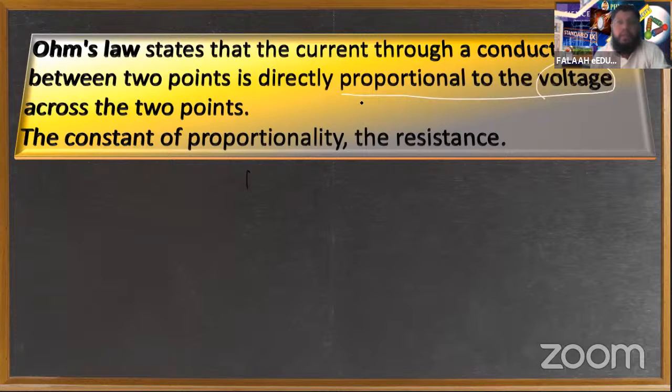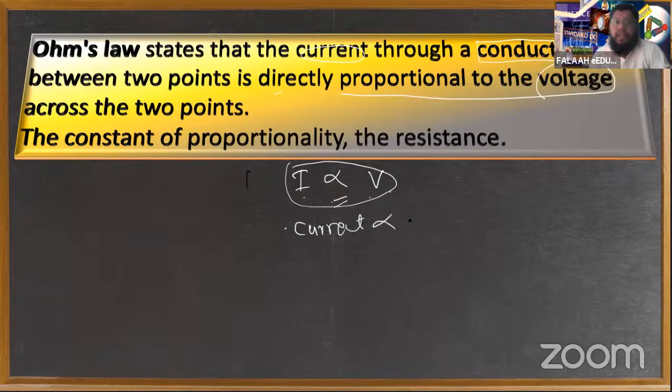We denote current by I, and I is directly proportional to V. Ohm's law states that the current through a conductor, when current flows through the conductor between 2 points, is directly proportional to the voltage across these 2 points. That is, current, which we denote by the letter I, is directly proportional to voltage. Then I is directly proportional to V.